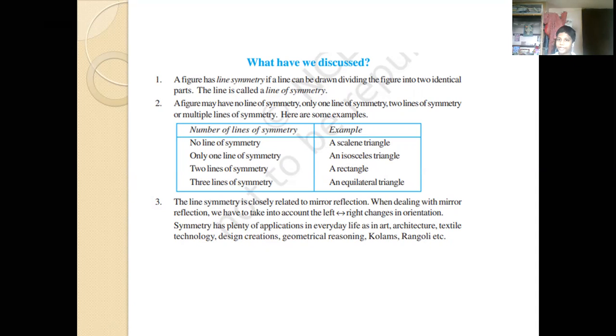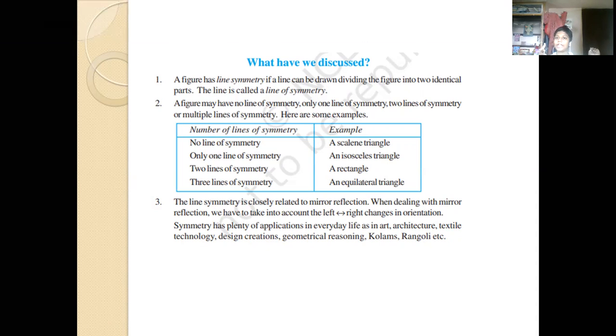So what is symmetry? Symmetry means if we divide an object into half, into two parts, and both parts are identical, that object has symmetry. If both parts are not equal, it has no symmetry, an unsymmetrical object. And what is a line of symmetry?